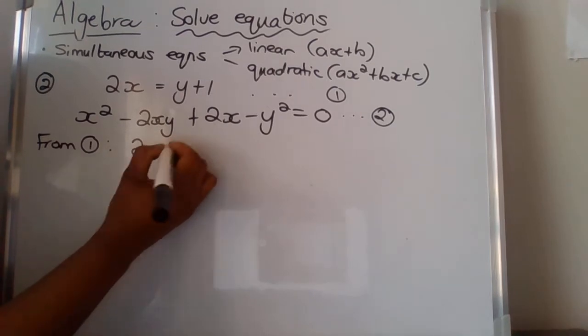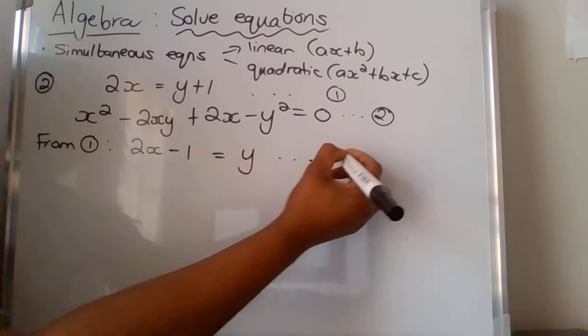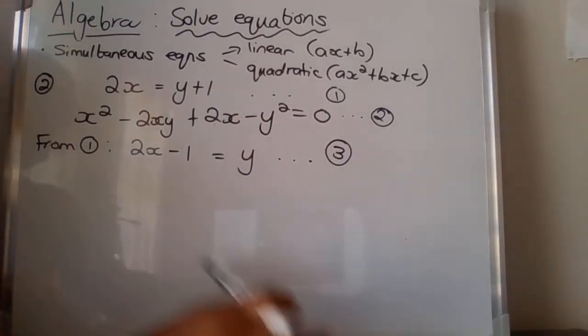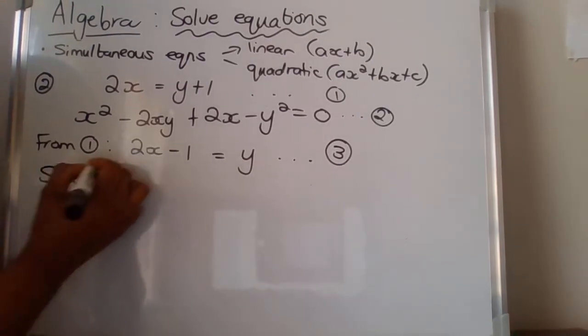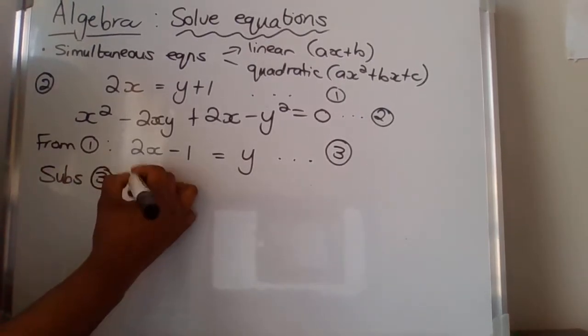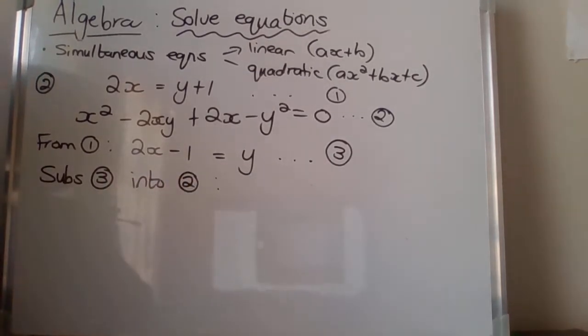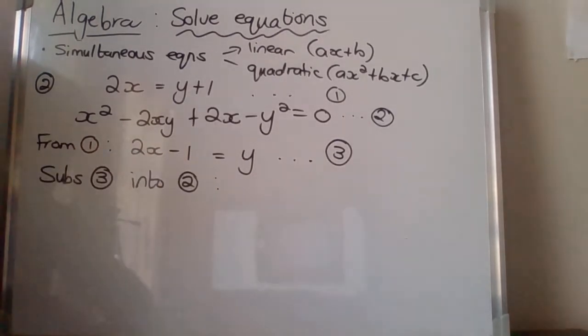So 2x minus 1 is equal to y, and that becomes equation 3. As you would with any other simultaneous equation, we substitute 3 into 2. Where there's a y, you're going to substitute it with 2x minus 1.